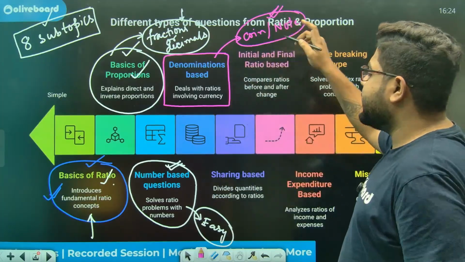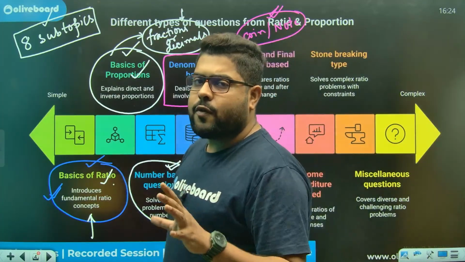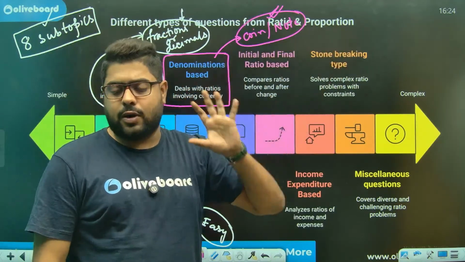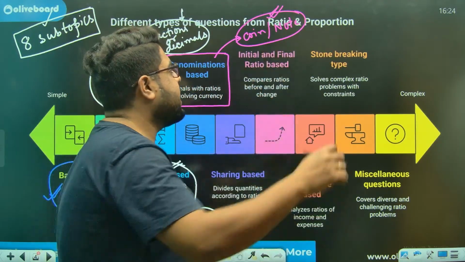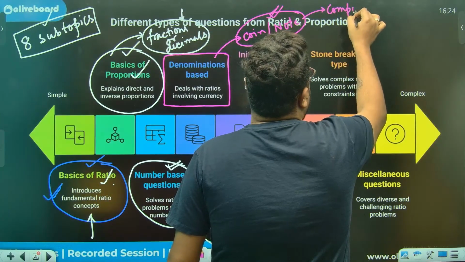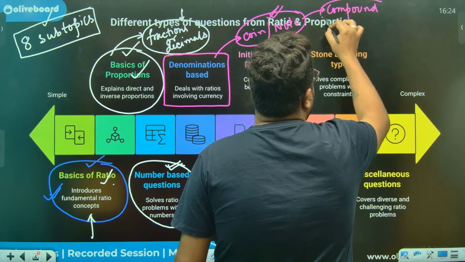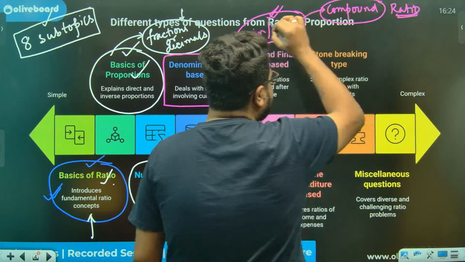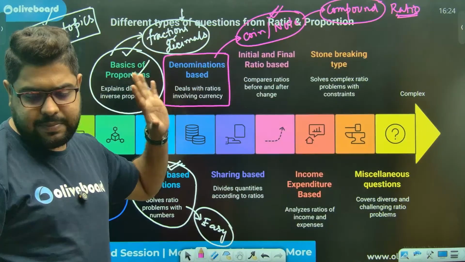One is definitely the ratio of number of coins or number of notes. Another is the ratio of the value of the notes. So you need to use the compound ratio concept to get to the answer, sir. So again, you have to have a very good understanding, very good practice of this type.